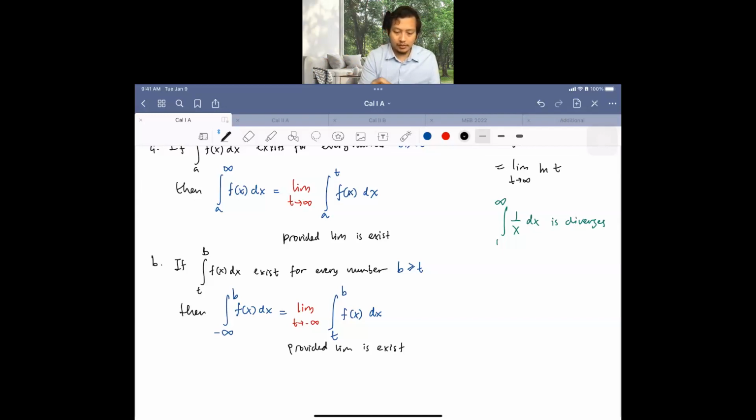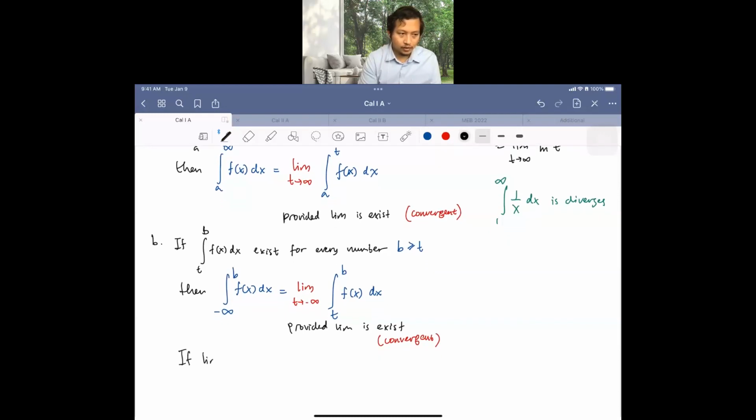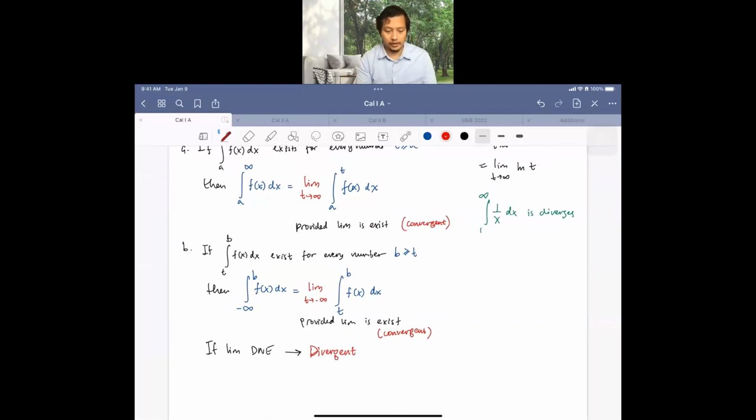We say if the limit exists it is convergent. If the limit doesn't exist, then we call it divergent.